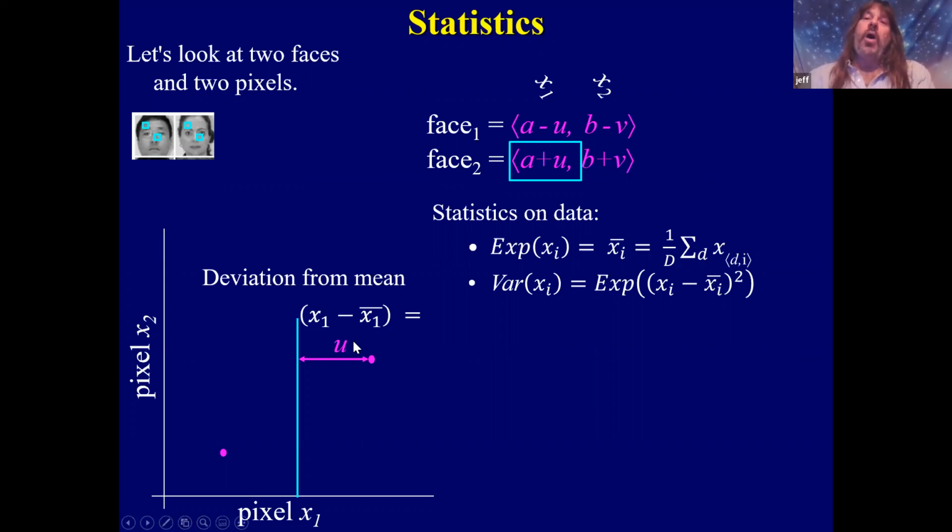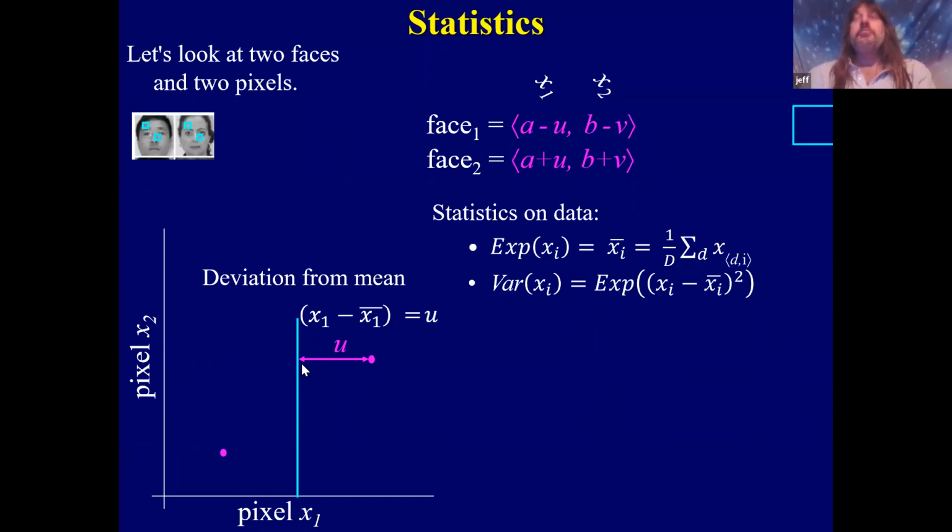And x1 is the value we got. The value we have, in this case, is A plus U. So we have a brightness of A plus U, but the mean is A. So what's the difference between the value we got and the value of the mean? Well, the difference is this U. That distance, that's how much we deviated from the mean, is U.